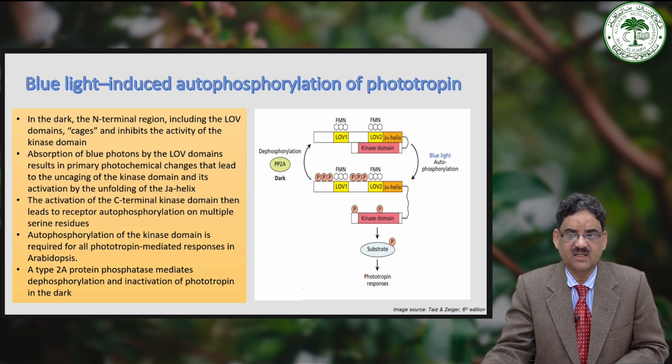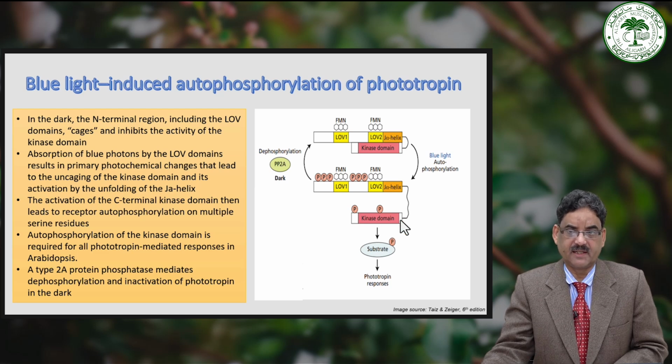This activation of the C-terminal kinase domain initiates receptor autophosphorylation on multiple serine residues. Then the J alpha helix undergoes a complete loss of its helical structure, and autophosphorylation within the kinase domain is essential for triggering all phototropin mediated responses in Arabidopsis.